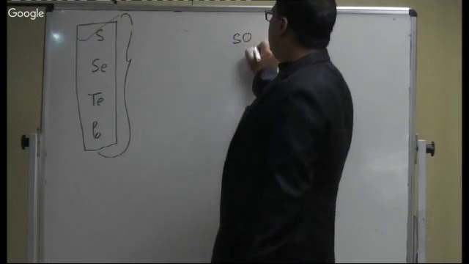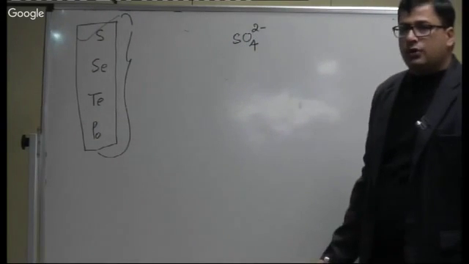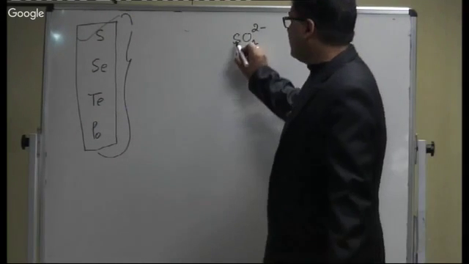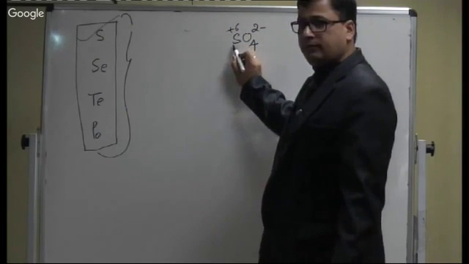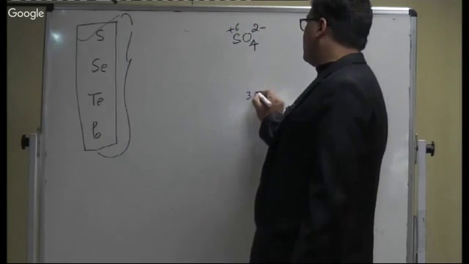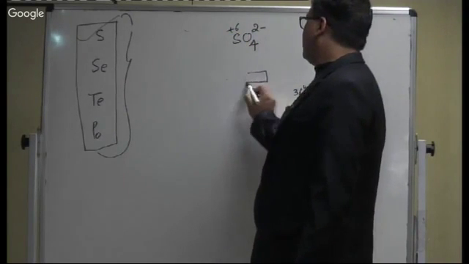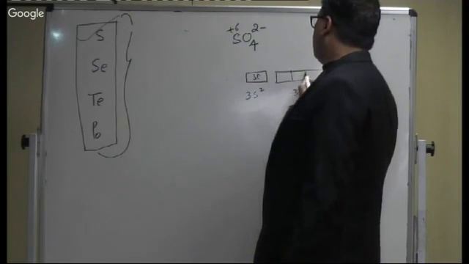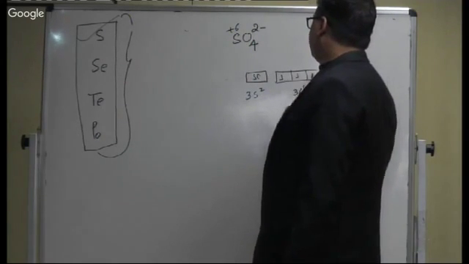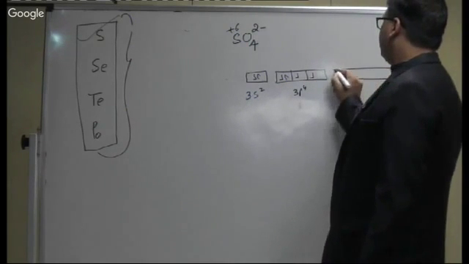See, this is SO4 2-. First, you have to calculate the oxidation state of this sulfur, which is +6. Write down the valence configuration, 3s2, 3p4. s consists of 2, p consists of 4, and there is a vacant d orbital.